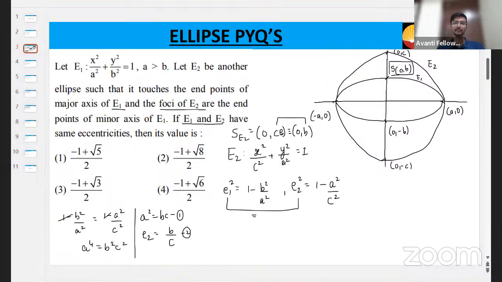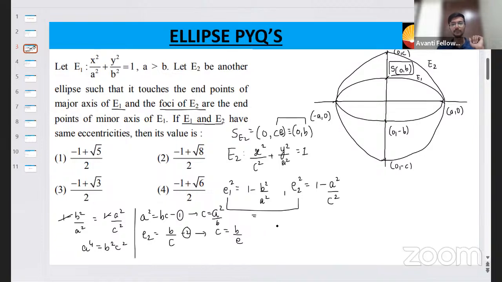Now, what do we want, guys? We want the eccentricity of the ellipse, since both their eccentricities are the same, correct? So from 2, we can get, we want eccentricity, right? Okay. So I can write c equals b upon E. And from equation 1, I can write c equals a square upon b.